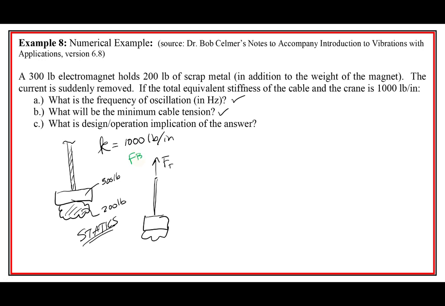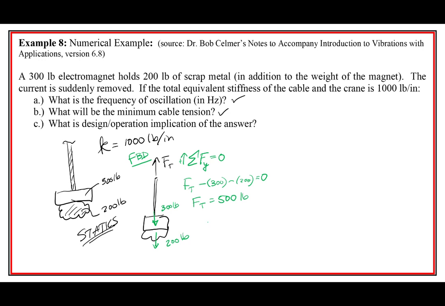We have 300 pounds, and we have 200 pounds. I know it seems silly, but you can save yourself a lot of headache in life by drawing a free body diagram, even when it seems silly. So the cable tension, Ft minus 300 minus 200 equals 0. The cable tension is 500 pounds. We knew that, didn't we?